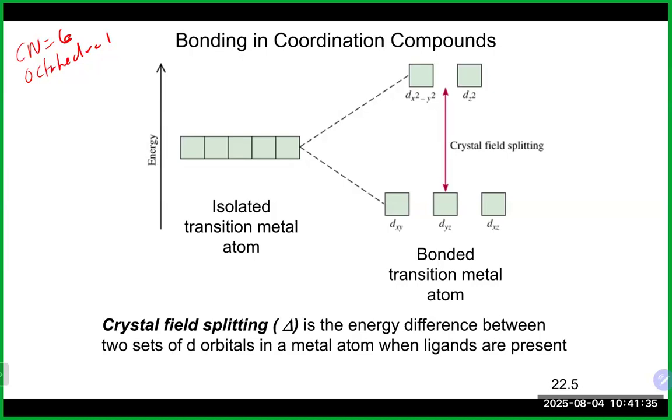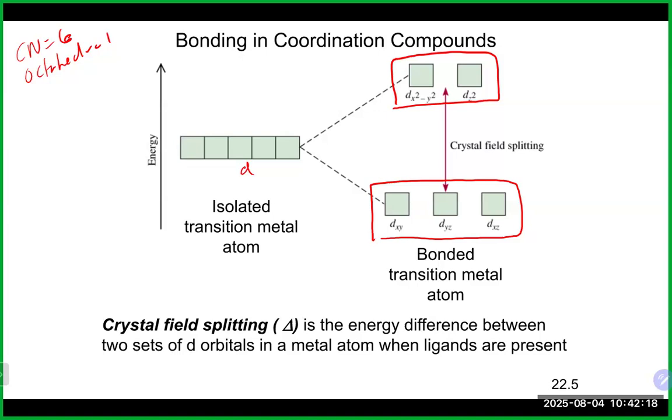So these are our isolated transition metal d orbitals, and with the presence of the ligand, we get these 3 d orbitals going lower in energy and these 2 d orbitals, the squared ones, going higher in energy. The difference between the lower d orbitals and the higher d orbitals is what is known as crystal field splitting. So that's the energy difference. It is sometimes abbreviated with a delta symbol. You could calculate that just using the regular energy equation.